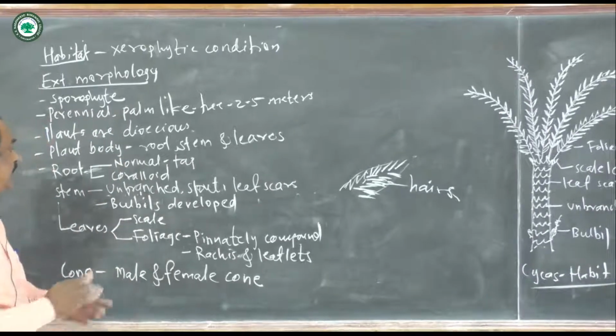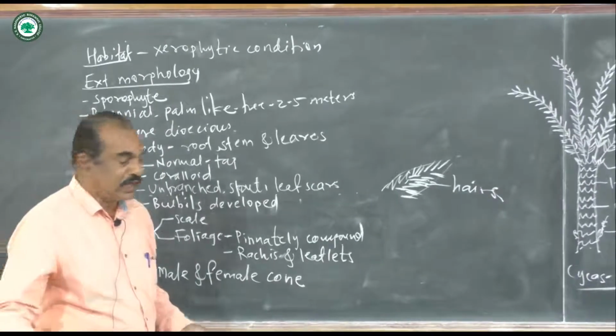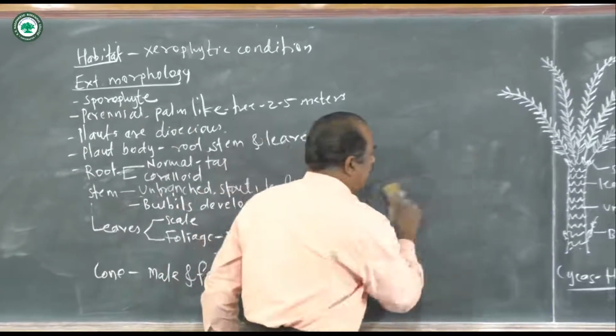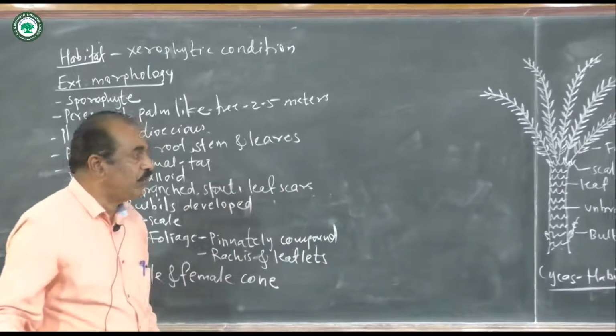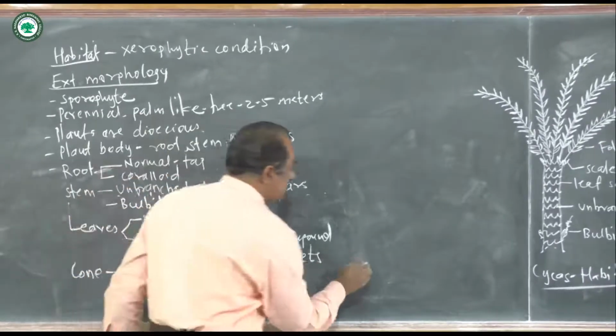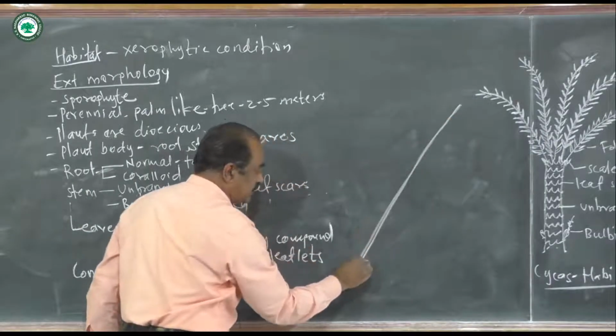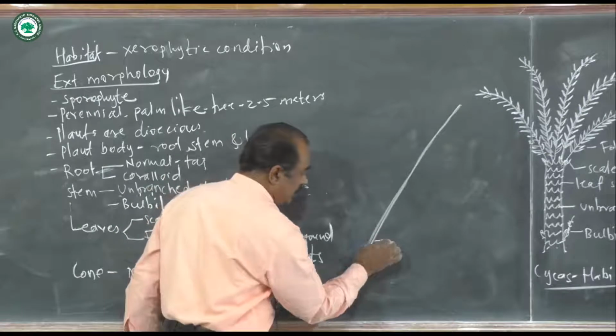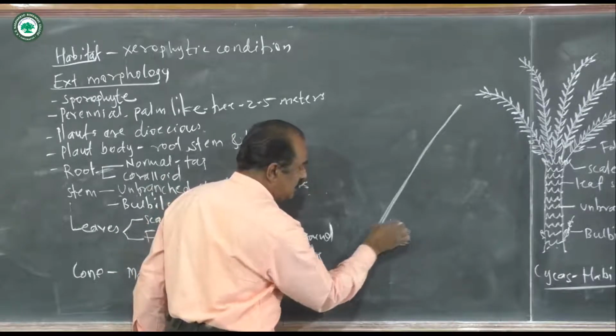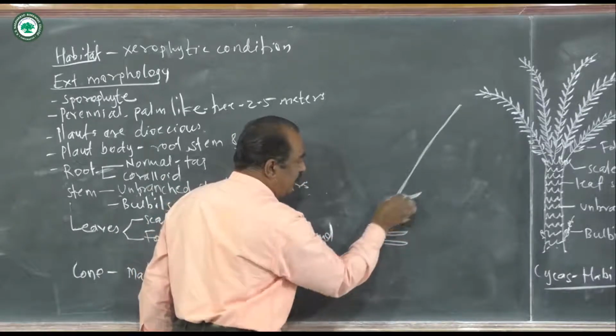Now second type, that is the foliage leaves. The structure of a foliage leaf, these leaves are very large. They are important for the process of photosynthesis, and the structure of the leaf is like this. This is the central rachis or the central axis, and here leaflets or pinnae are developed.